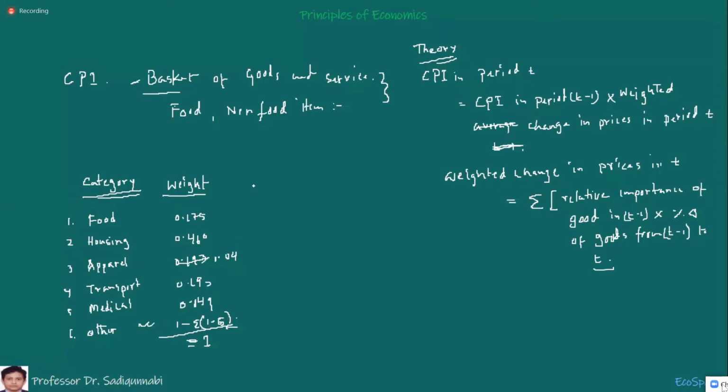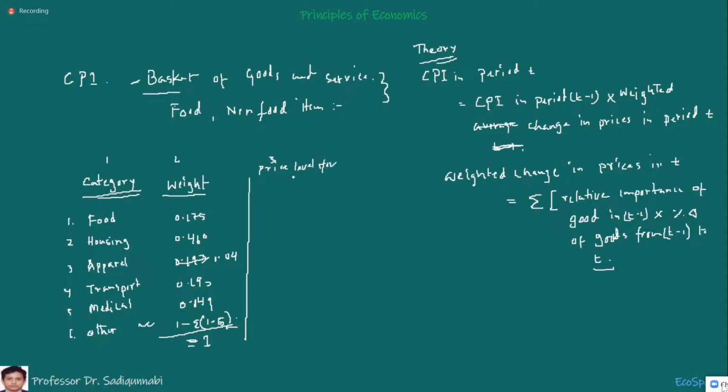Now this is column number 1, column number 2, and column number 3 could be the price level for each category.